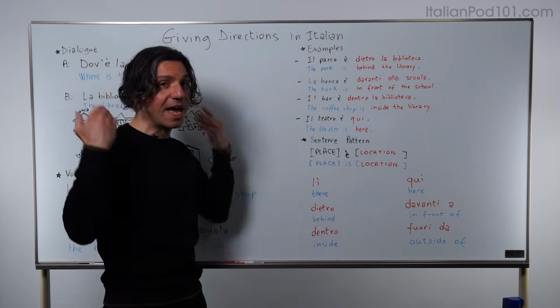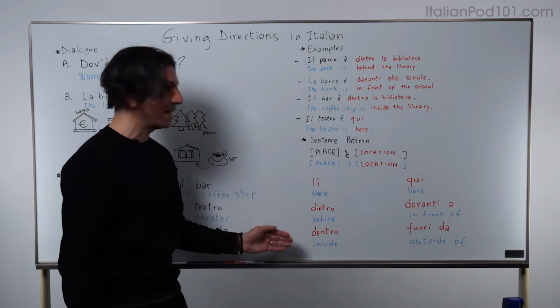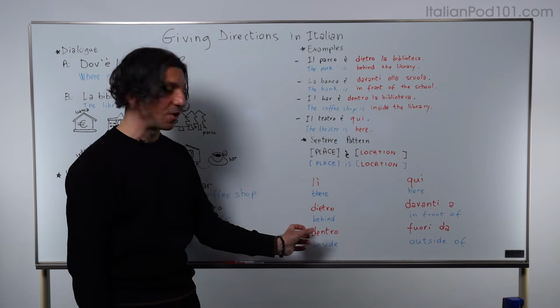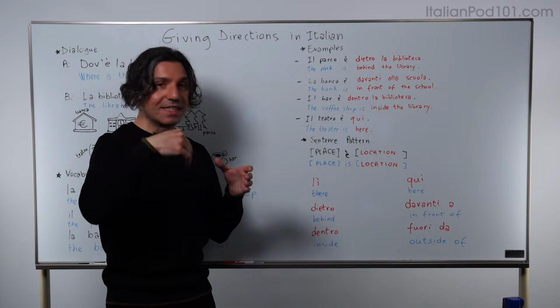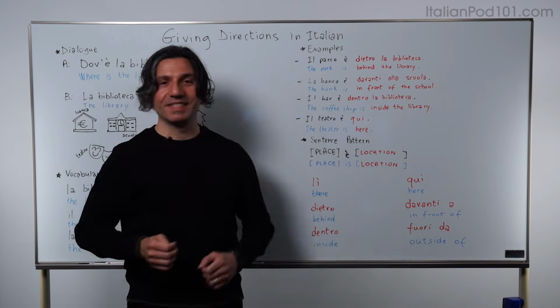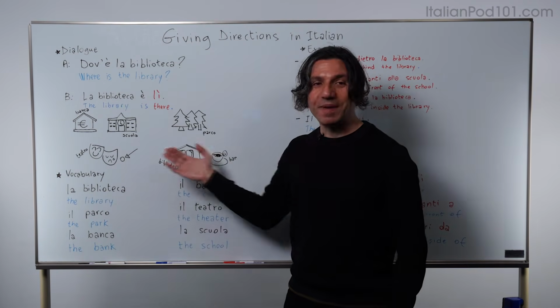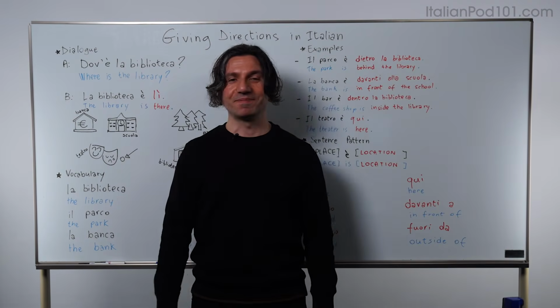Dietro, behind, davanti a, in front of. And the last one, dentro, fuori da. Dentro, inside, fuori da, outside of. A combination between place and location.